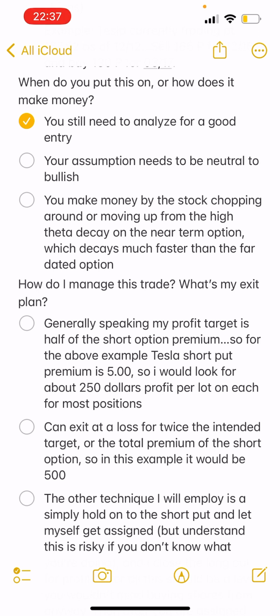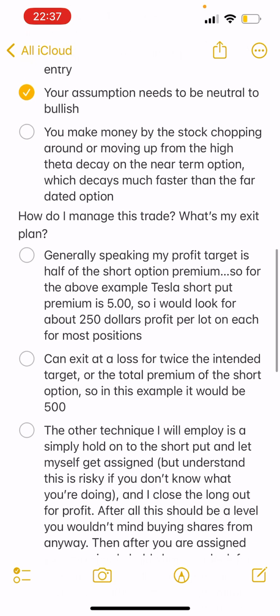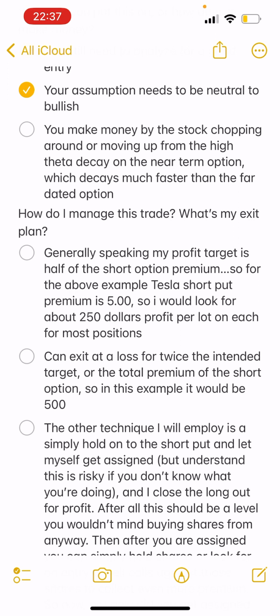This isn't like I can just pick any stock at any time, and it's going to make me money, right? No, it still has to have a set criteria for me to enter, right? So my assumption needs to be neutral to bullish before entering this position, right? So I'm at least either expecting this name to chop around or to go up, okay?